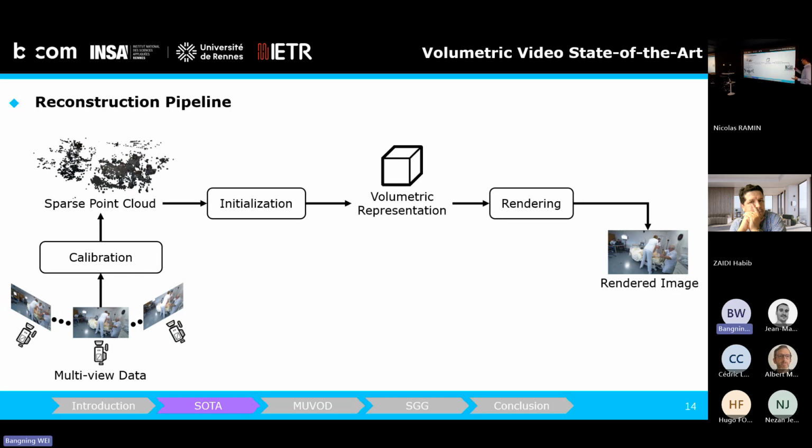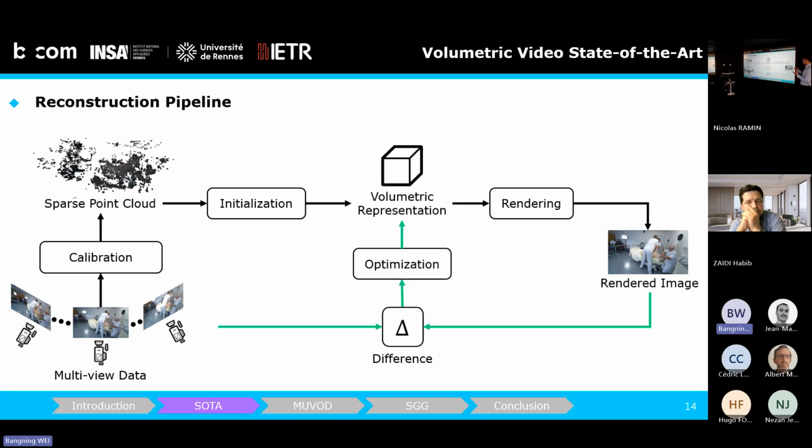With this representation, we can render 2D images, and we calculate the differences between the rendered images and the input images to optimize the volumetric representation. In this iterative training process, we optimize the parameters of these representations, and finally, we can render new views of the scene, which have never appeared in the training data.